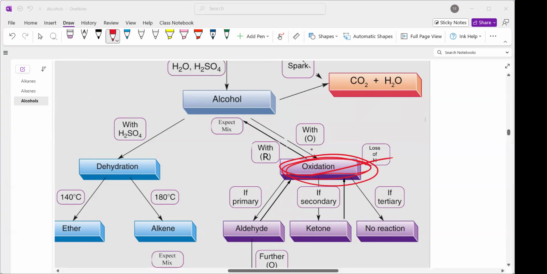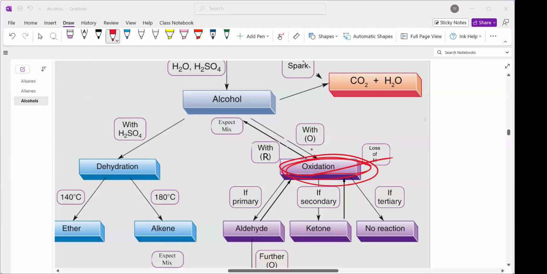As far as oxidation is concerned, we'll do unit one. Okay, so if it's primary, first it gets oxidized to the aldehyde, then further oxidation gets oxidized to the acid. Now, if you only have one hydrogen, it can only be oxidized once. So it goes from the secondary alcohol to the ketone. Tertiary alcohol has no hydrogens, so you don't react.